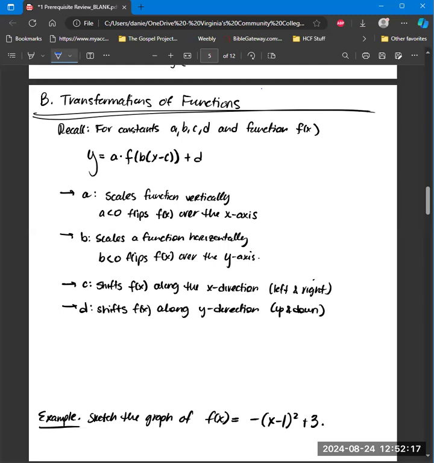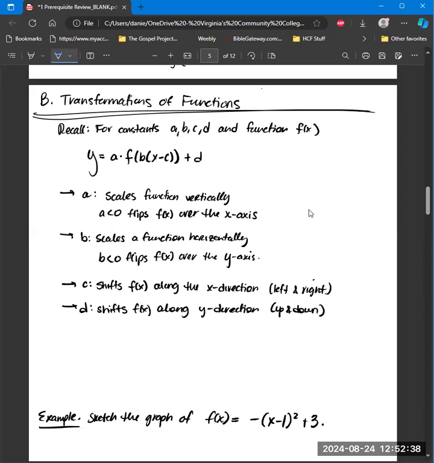Notice the minus sign that's in the formula. So it's going to do the opposite of what it looks like in the formula because there's a minus sign. There's a positive sign here in front of d, so d shifts f of x in the y direction up and down, and it's going to do exactly what it looks like: a positive d value will move it up and a negative d value will move it down.